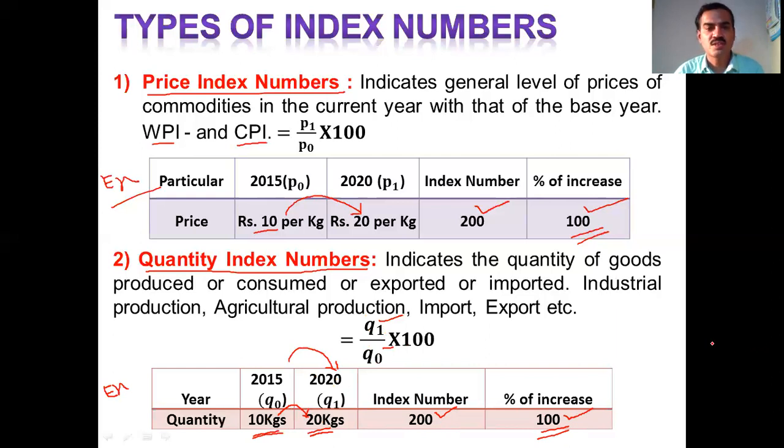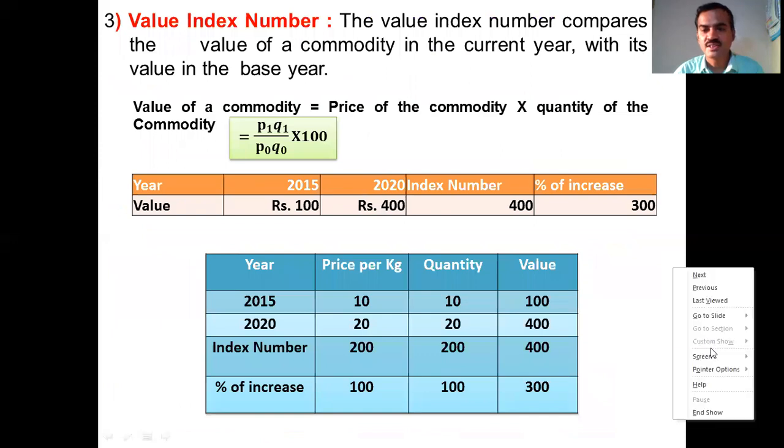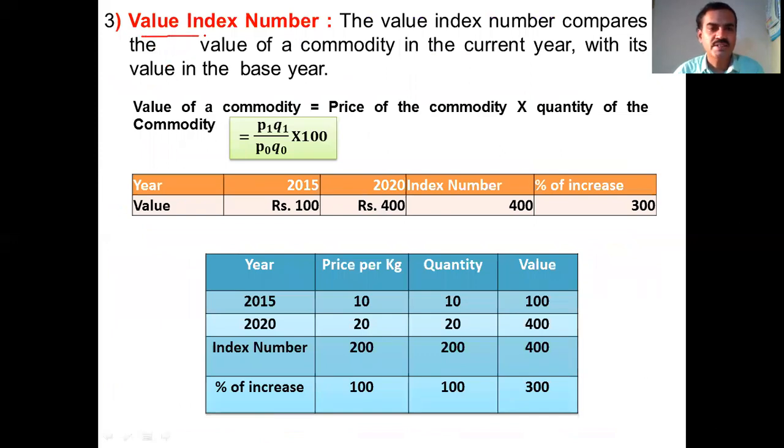Now we move towards the third index number, that is the value index number. The first one speaks about the price, the second one speaks about the quantity, and the third one speaks about the value.